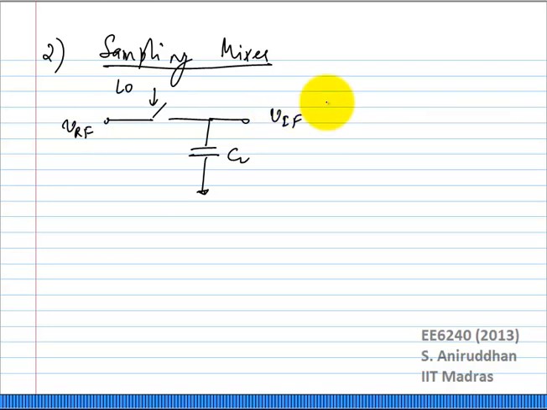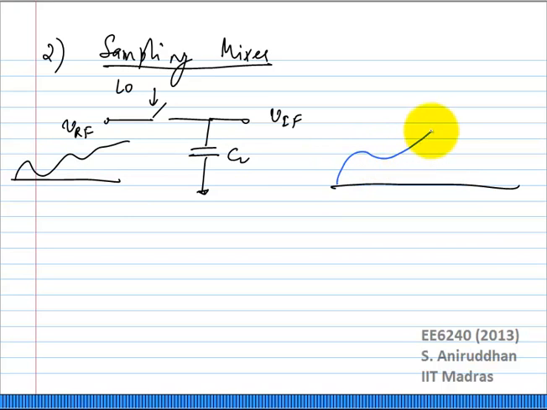The difference between this case and the previous case is that, let us say the input had some waveform like this. Just expanded it a little bit. So the output not only samples it but also holds it, right?